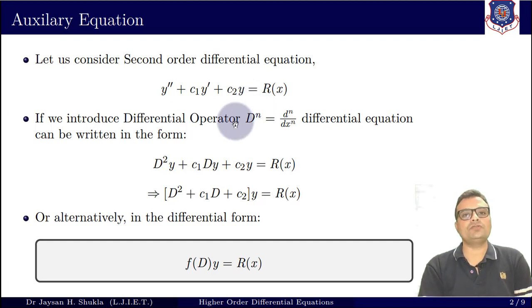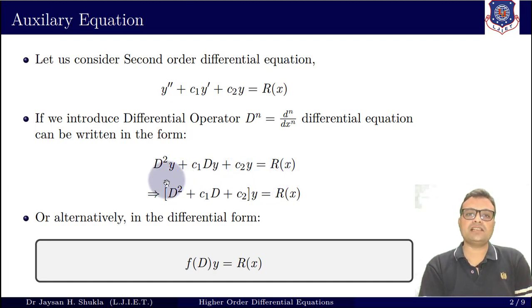Now, let us introduce the differential operator capital D raised to n as d by dx power n. It will help us to convert the differential equation into a comparatively easy form. Once we introduce the differential operator capital D, the second order differential equation will take this form: D square y plus c1 D y plus c2 y equal to r of x.